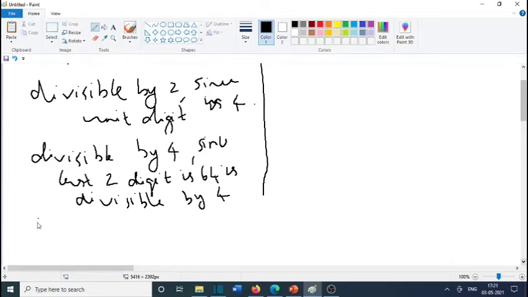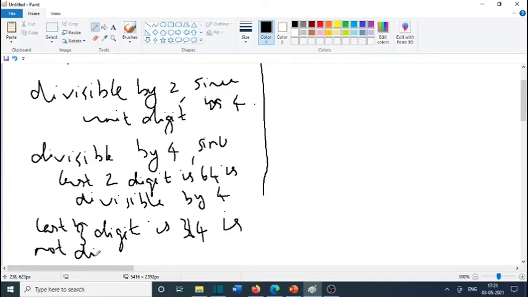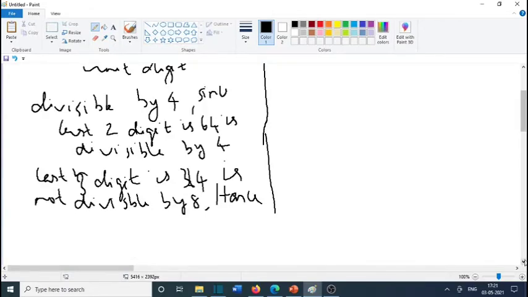The last 3 digits are 364. 364 by 8: 364 is not divisible by 8. Hence, the given integer is not divisible by 8.